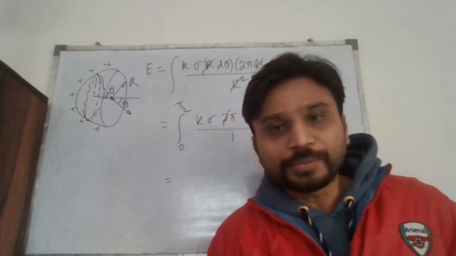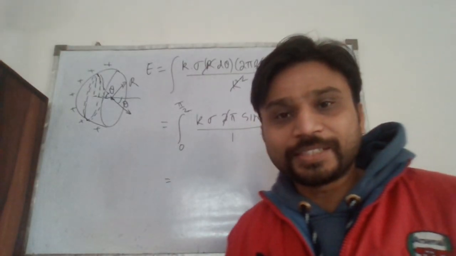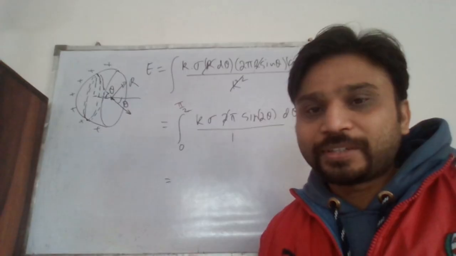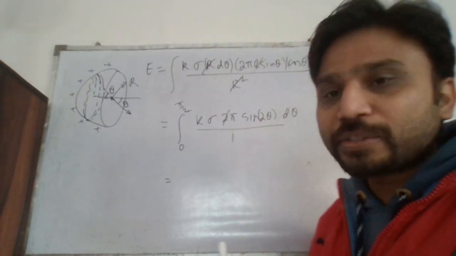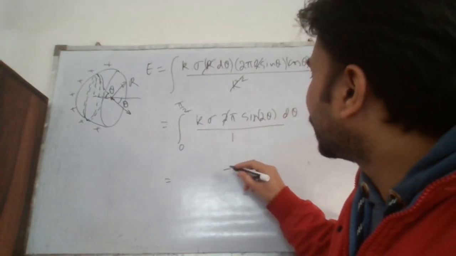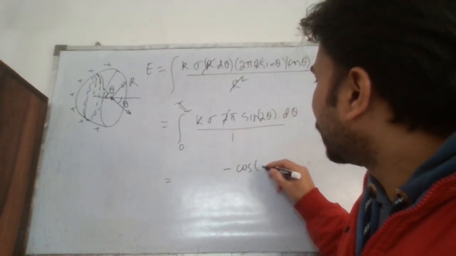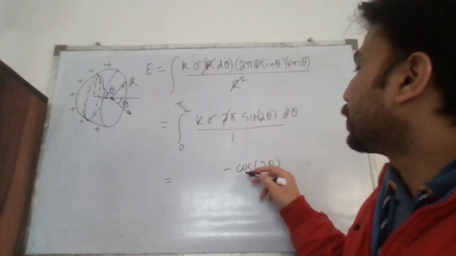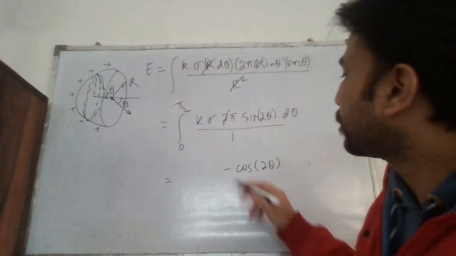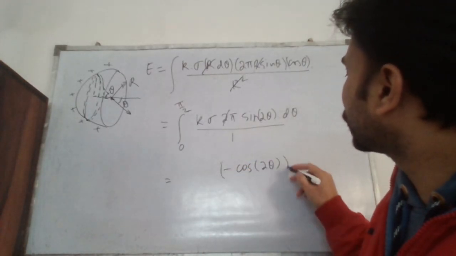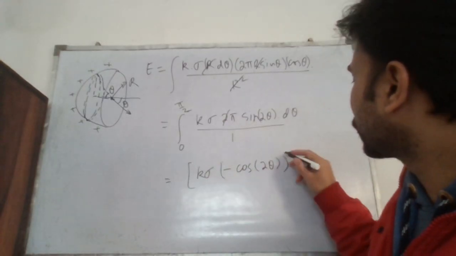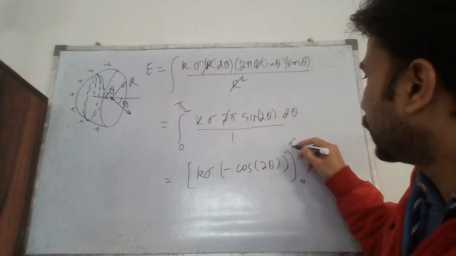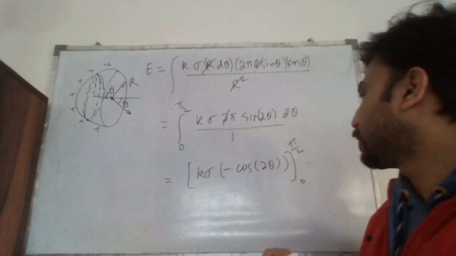I'm sure people would recall it just like they did in their classes when they first learned it. So the integration of sine 2 theta is minus cos 2 theta by 2, and this is from 0 to pi by 2.